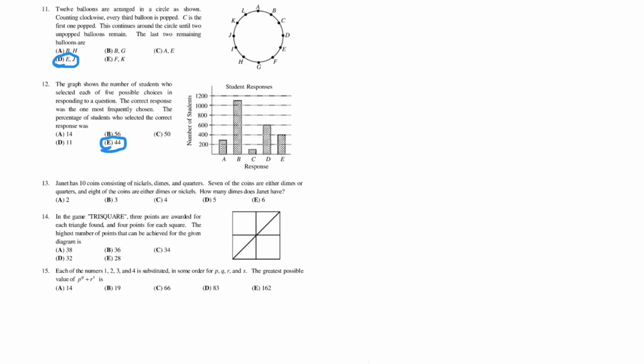Now we have 10 coins, so nickel plus dime plus quarter, the total is 10. And also 7 of the coins are either dimes or quarters, so dime plus quarter equals 7.